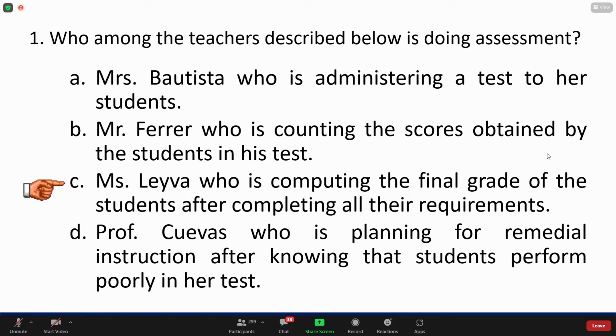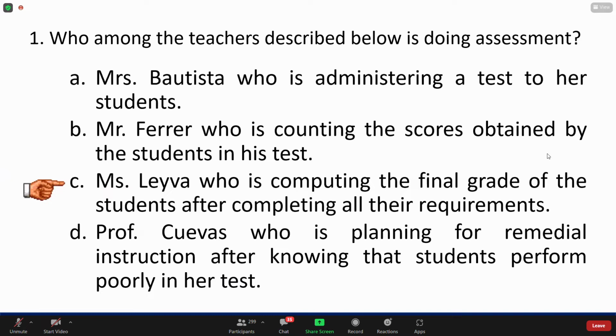Actually, the answer is letter C. Miss Leva, who is computing the final grade of the student after completing all their requirements. So yung letter A kasi, it's more of testing. Okay? Yung letter B naman, counting the scores obtained by the students in his test. That's measurement.